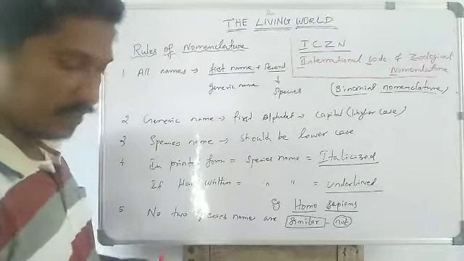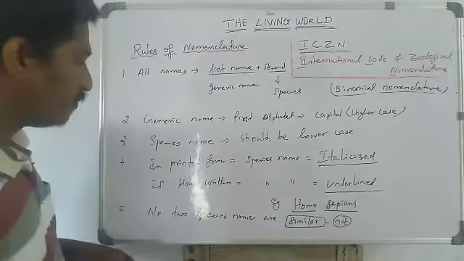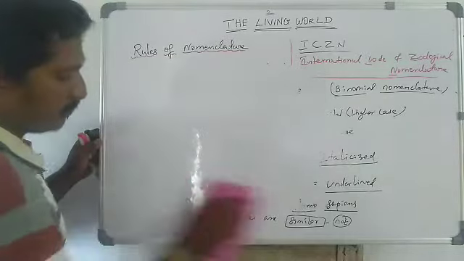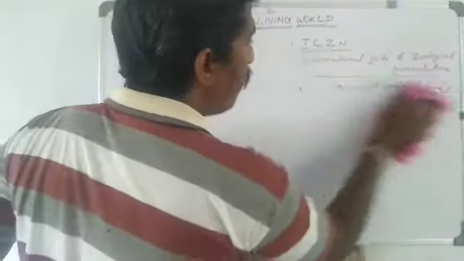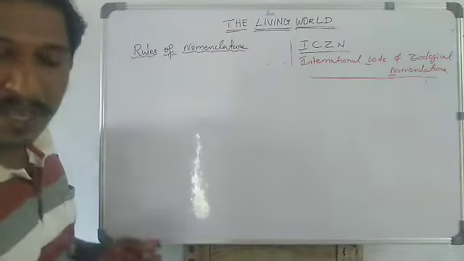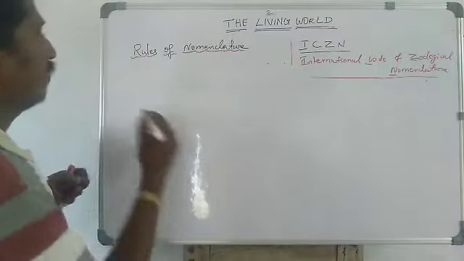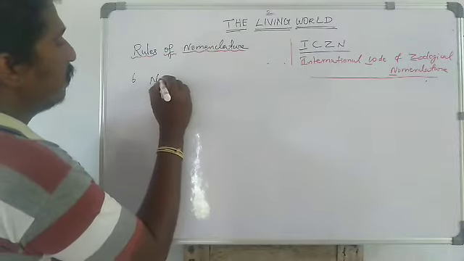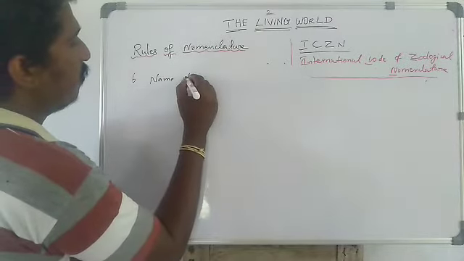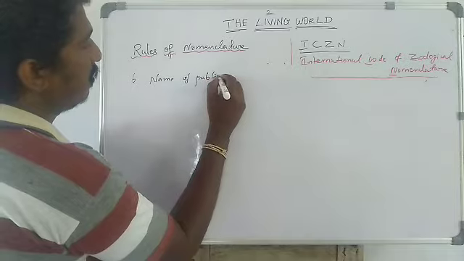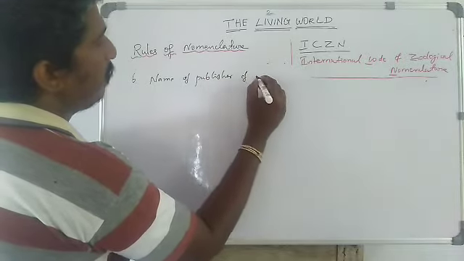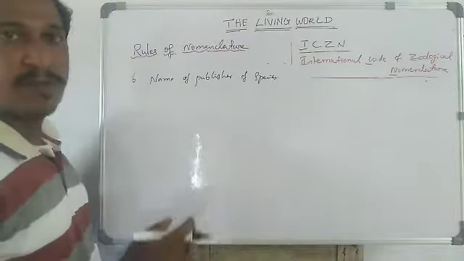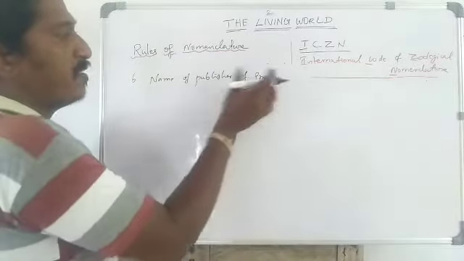Then next, the sixth one: when we are writing a name, we mention the name of the publisher who first published the scientific name of the species.